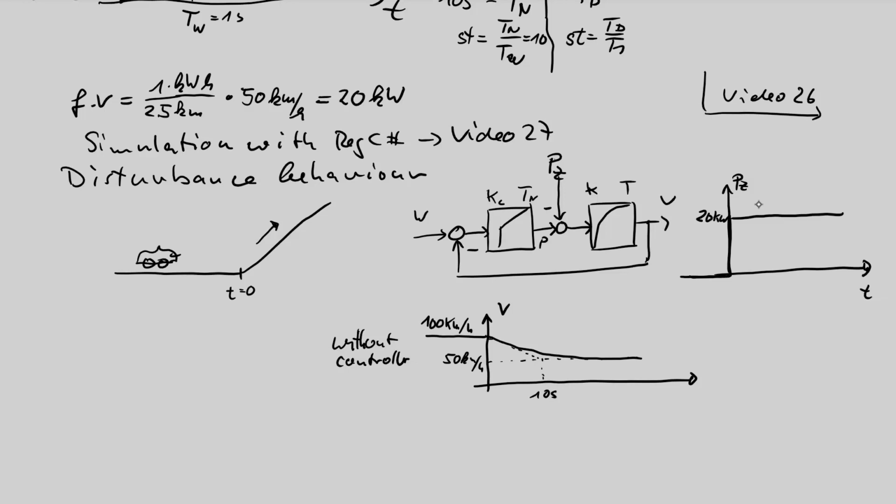For this, we have to first talk a little bit about zero initial conditions. Our transfer functions and all discussions we have done before assume zero initial conditions. In this case, we have no zero initial condition because we want to analyze the situation where there is a constant value of 100 km per hour.